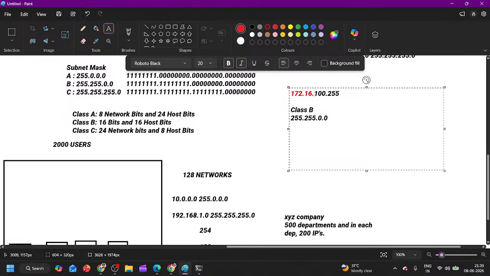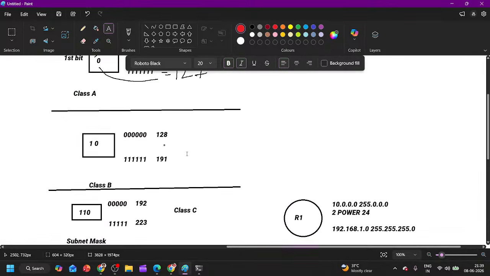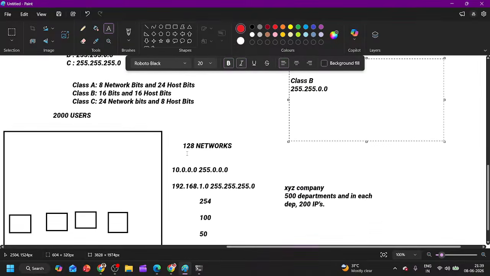When I am asking you what all the 2 power 16 networks will be, I start from the class B range. This is one network from class B, and in class B we have 2 power 16 other networks like this. Not 2 power 16, because 2 bits are reserved: 2 power 14 networks.